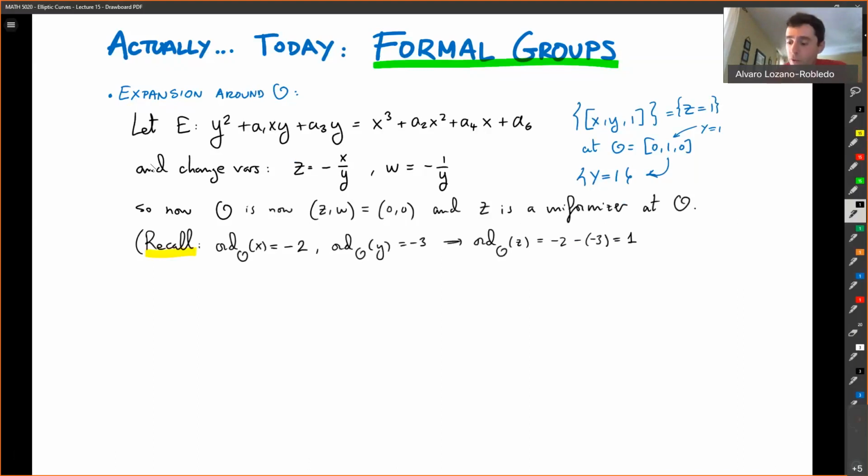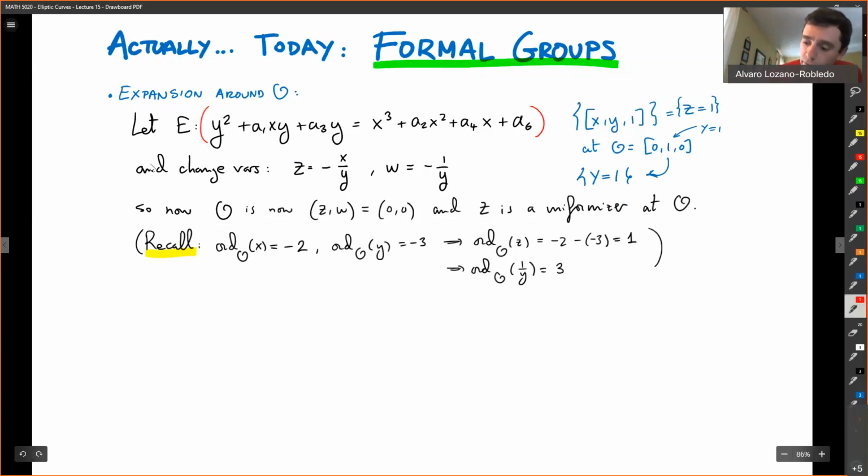So that's why it's a uniformizer. And then also the order of vanishing of 1 over Y is 3. So those two statements explain why the origin is now at the coordinate 0, 0, and the function Z is a uniformizer at O.